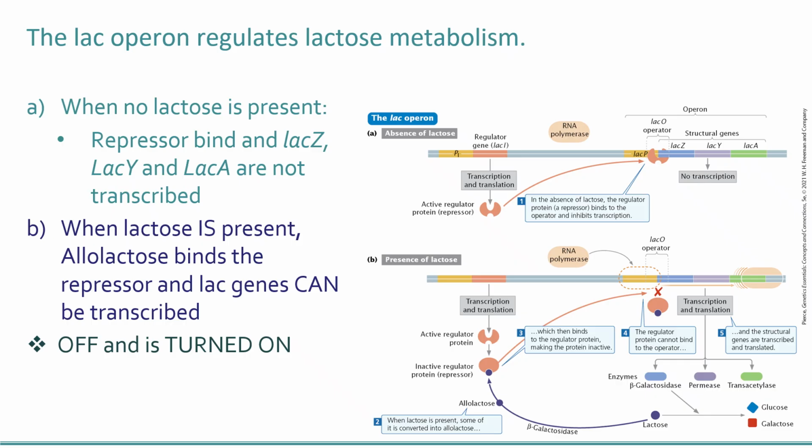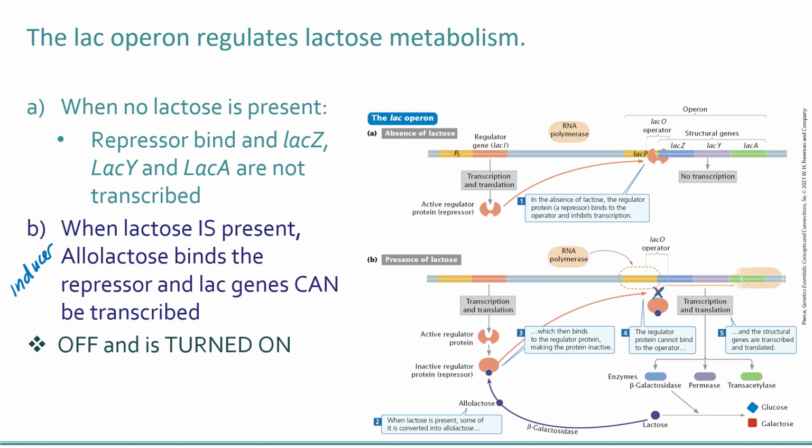Remember, allolactose is our inducer, and that inducer molecule is going to bind to our repressor protein, that little repressor that is keeping this gene from being expressed. So once we get a little bit of lactose, that means we get a little bit of allolactose, which means it can now bind to our regulator protein and force that protein to fall off.